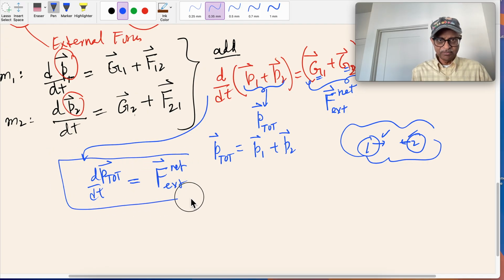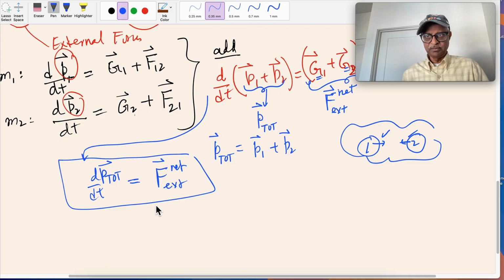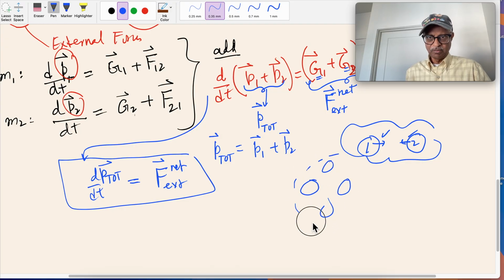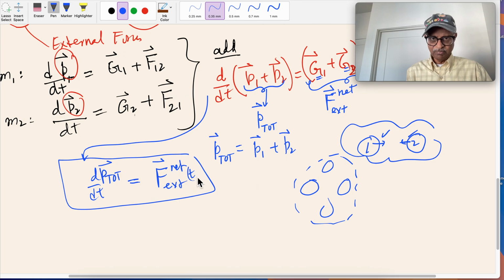This is a very complete law. I just did it with 2, but I can have many particles, 1, 2, 3, 4, and I do the total for that, with everything following time. So this is the law.